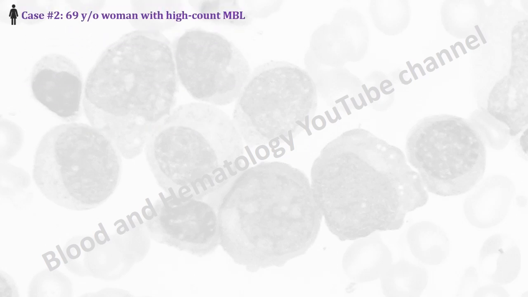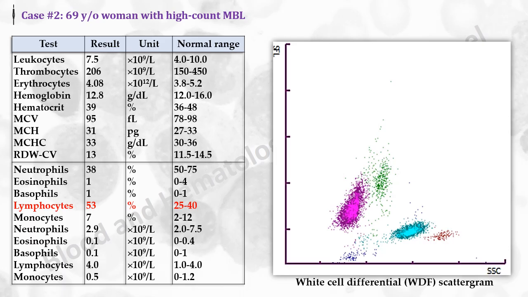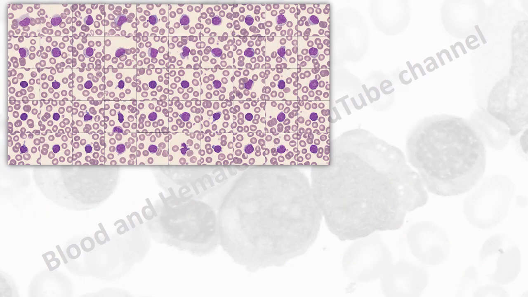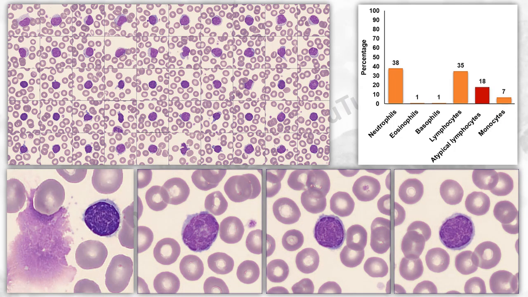Another MBL case is a 69-year-old woman with relative lymphocytosis. Peripheral blood smear examination showed few smudge cells and mature-appearing circulating atypical lymphocytes with a small rim of cytoplasm, round and eccentric nucleus, and clumped chromatin.